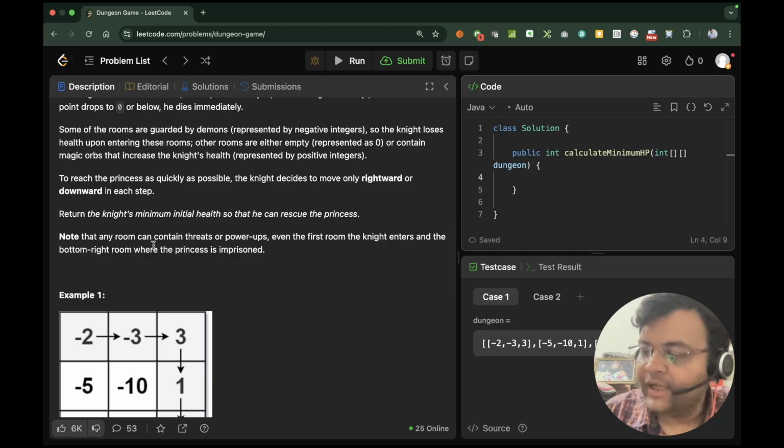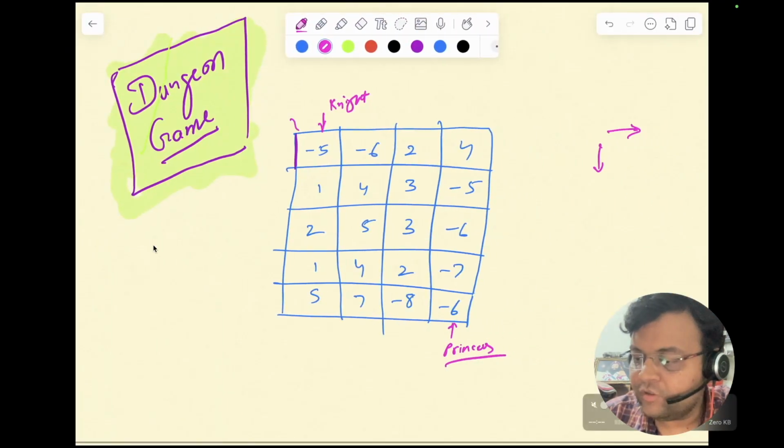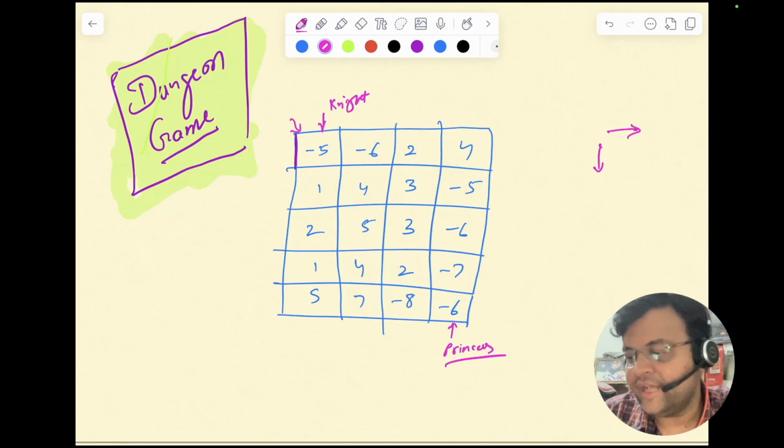So we need to tell, if the knight moves from this box, which is where the knight is located right now, to this box where the princess is located, how much minimum health the knight should have so that he can reach safely to this location, and he can only move right and downwards.